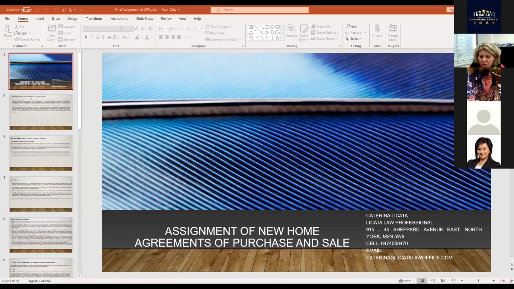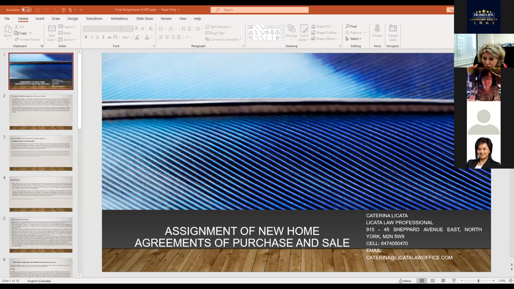They have to pay the HST to CRA. It's not just to report, they have to pay the HST on the assignment fee. 100,000 is the HST fee. So they have to pay that to CRA directly. Because here we don't have the developer collecting the HST for the client. Here we have two people, so the assignor is going to make a profit, so he has to pay the HST to CRA directly.